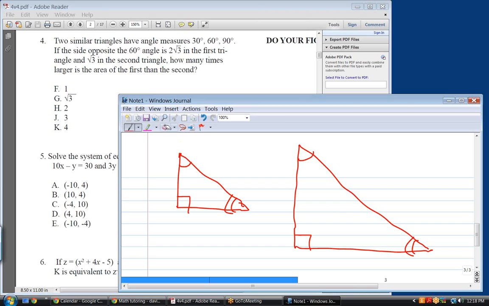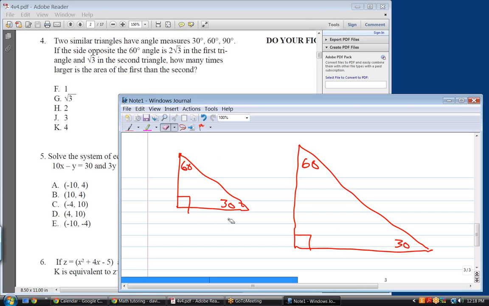And they're telling us in this one that they're both 30, 60, 90. So this is 30, 60, that's 30, 60. And they're saying the side opposite the 60-degree angle is 2 root 3 in the first picture, and root 3 in the second triangle.